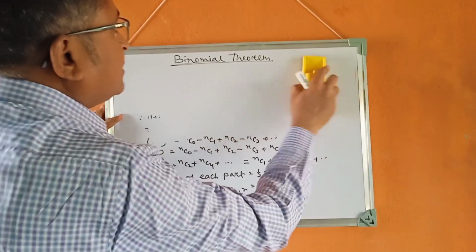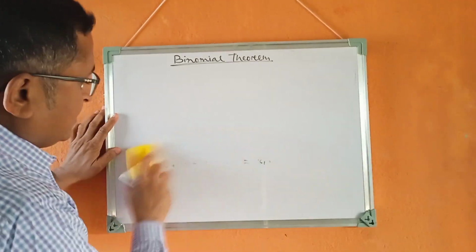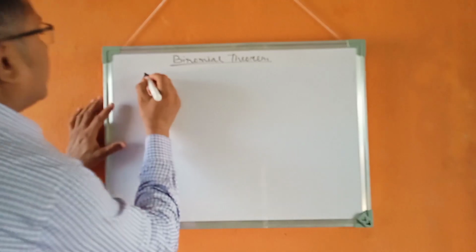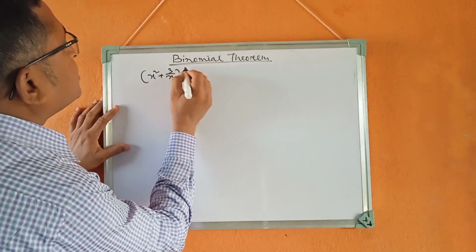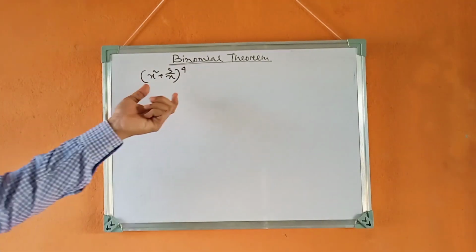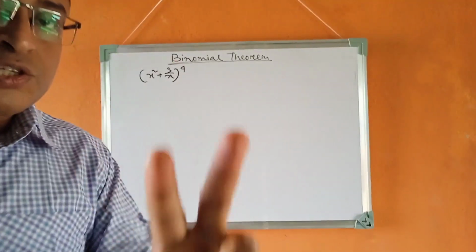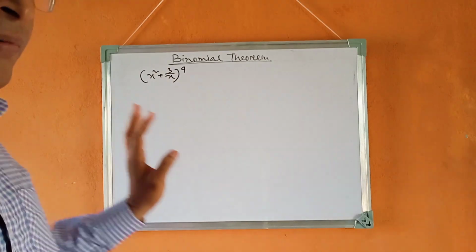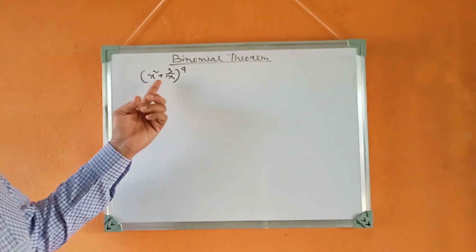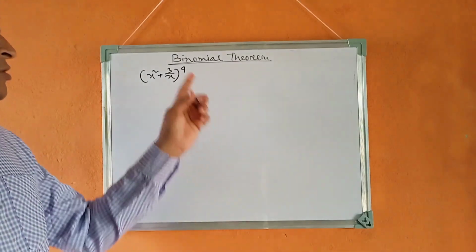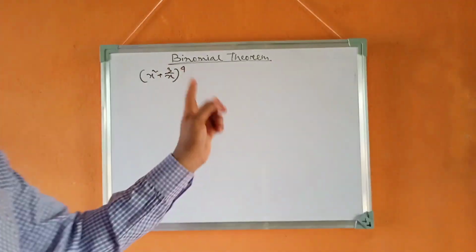The question is: expand (x² + 3/x)^4. This is the binomial theorem; binomial means two terms, first one and second one, that is why this expansion is called the binomial theorem. The power is 4, so n equals 4.